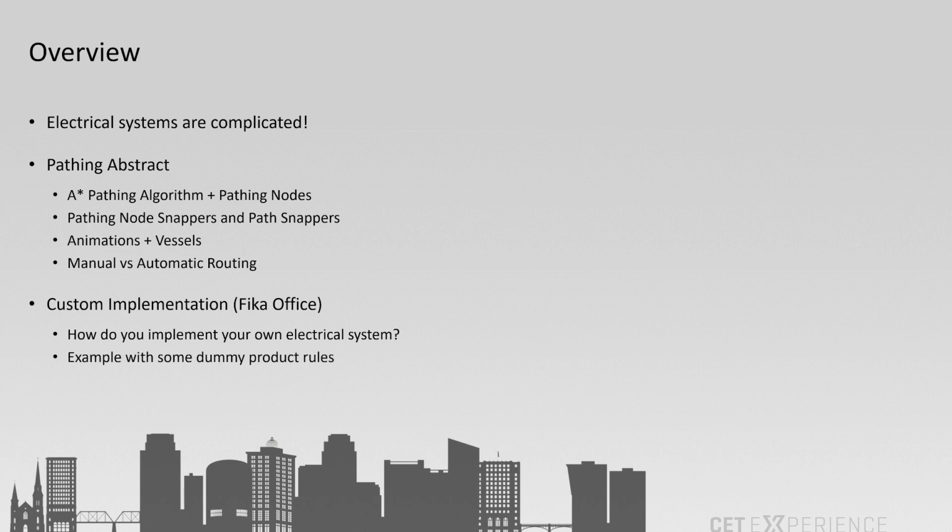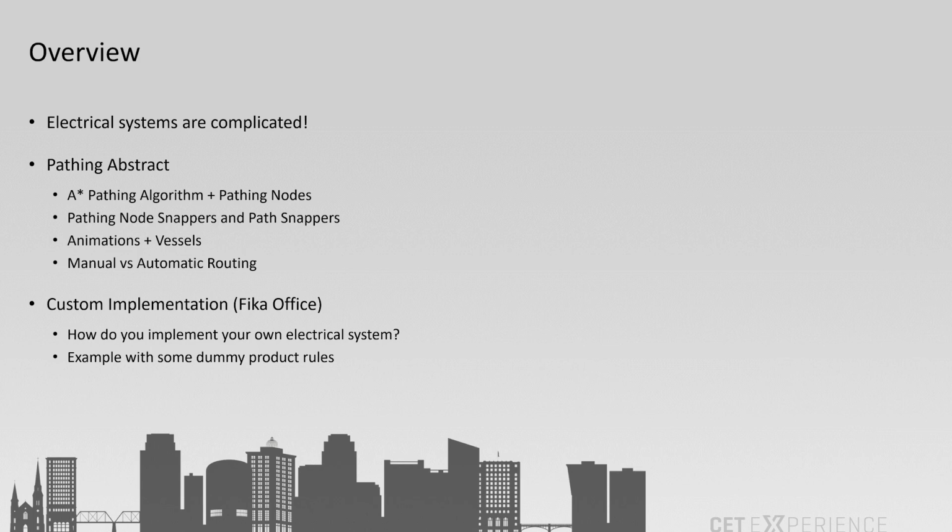We do have some dummy product rules built in as an example of how you could implement your own product rules. I know that every electrical system has its own complexity, its own nuance, its own unique product rules, specifications, etc. And so I think it's important that we have some rules in the Fika Office extension, hoping to have more in the future.